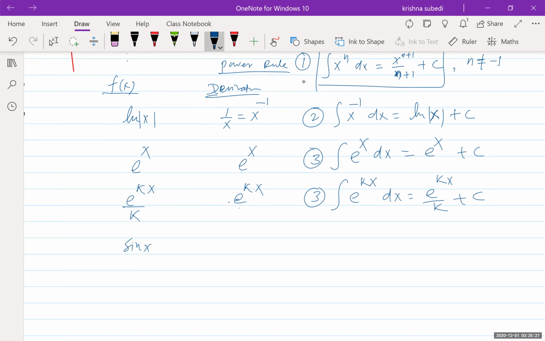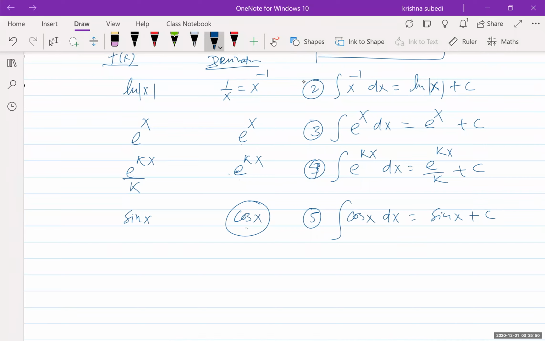Let's say my function is sine x. So what is the derivative? Well, it is cosine x, right? So another formula is that the antiderivative of cosine x is going to be sine x plus c. Suppose my function is cosine x, and what is the derivative? Well, it is negative sine x.